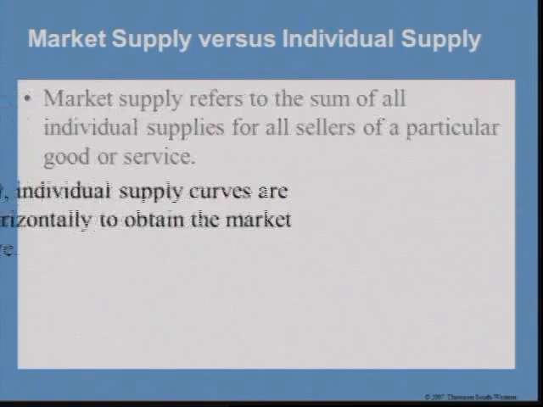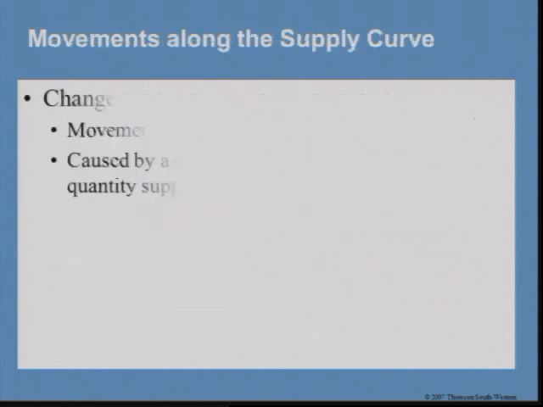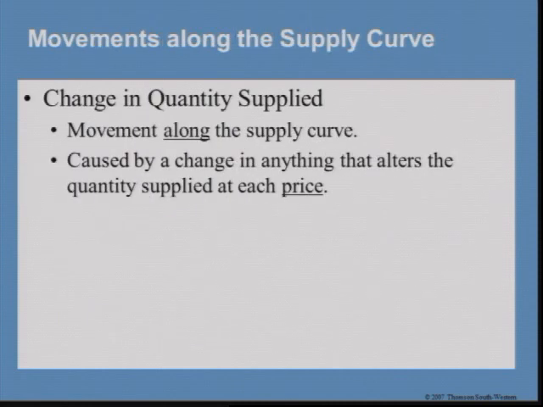Okay, market supply, just like market demand, we're talking about several different firms together. We've added up their willingness and ability to sell at different prices, for many firms instead of just one firm. Remember that a change in quantity supplied is just caused by a change in the price of the product.